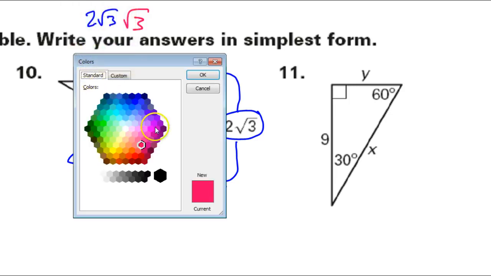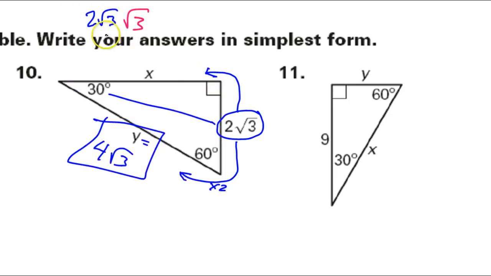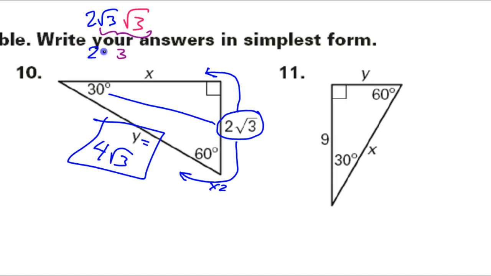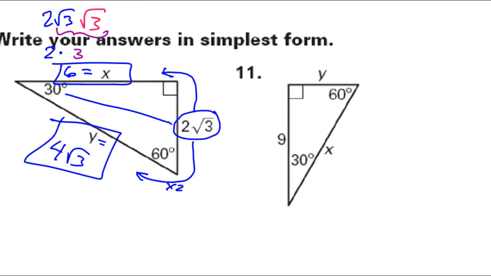Well, hopefully you have learned now that if you multiply radical 3 times radical 3, you're just going to get 3. And then I could just bring down this 2. So I've got 2 times 3. So that's going to be 6. Okay, so x is going to be 6. And y is 4 radical 3. All right, these are some of the most interesting problems because you really have to think about it a little bit.